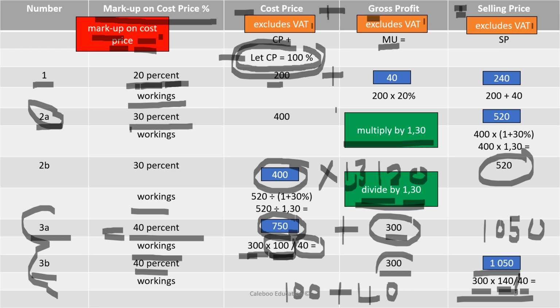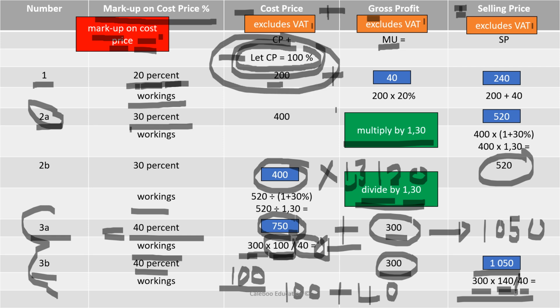It's when you're given the markup figure only, you're either going to move to the selling price or you're going to move to the cost price. If you move to the cost price, the numerator will be 100. You will say 300 multiplied by, I'm going back to 100% because the cost price is equal to 100%, divided by the markup on the cost price.